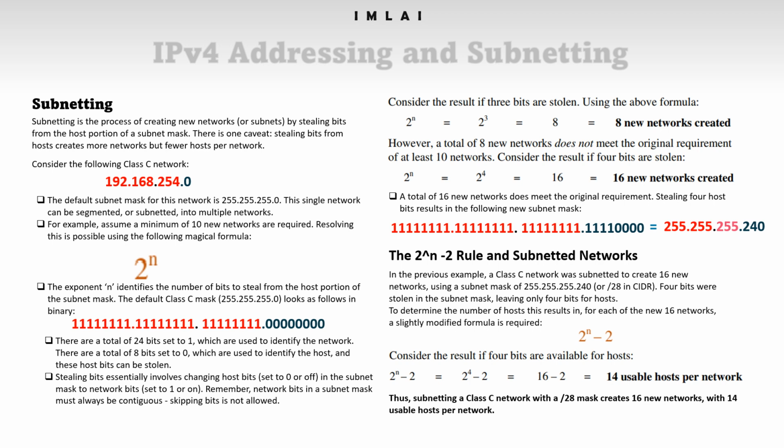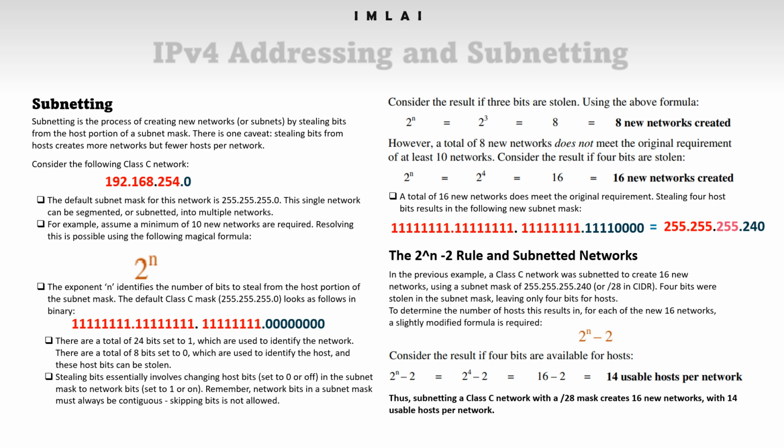These are reserved for the subnet and broadcast addresses. We have seen in our previous slide about the broadcast address. If all are ones, then we call it a broadcast address. So zeros and ones will be reserved for those purposes. That is the reason you always subtract 2 hosts from the formula.